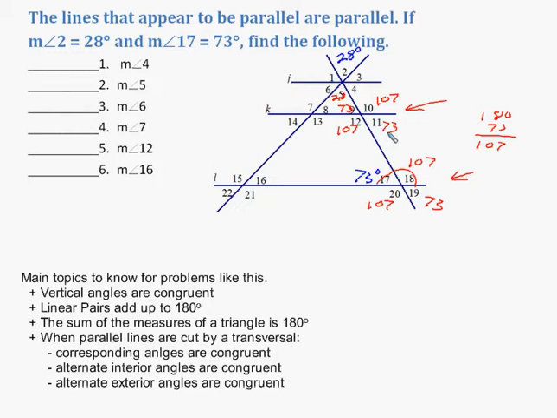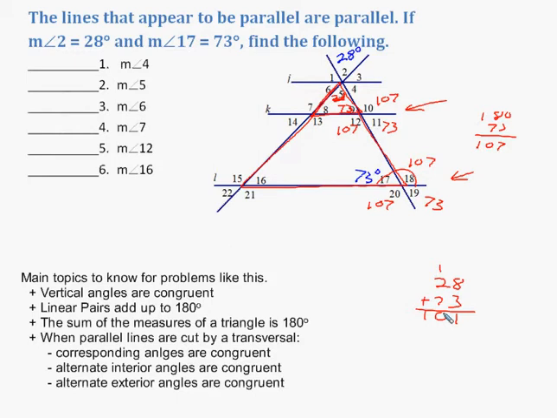Now I notice that we have a little triangle here. We actually have a larger triangle here also, so you can use either one of those. But we know that the angles in the triangle add up to 180. Now I know this is hard to read, but angle 5 there is 28. So we have 28 plus 73 gives us 101.